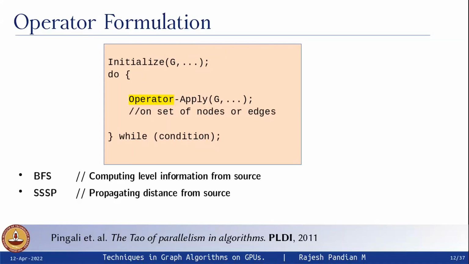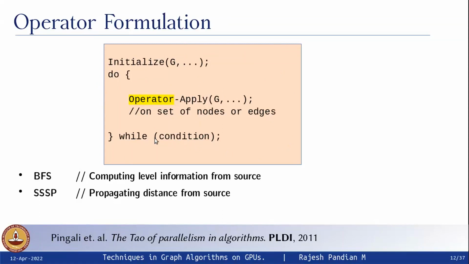So what is this formulation? This formulation will have some initialization for the graphs or whatever we are going to compute. Then there is a fixed point block or a do while block inside which we'll perform a particular operator on it. The operation could be on the set of edges or the set of nodes or something else.